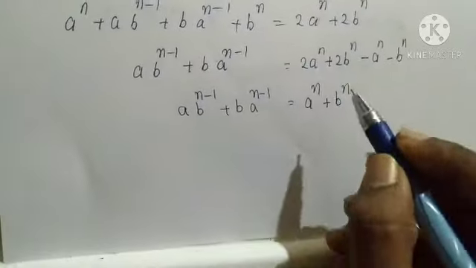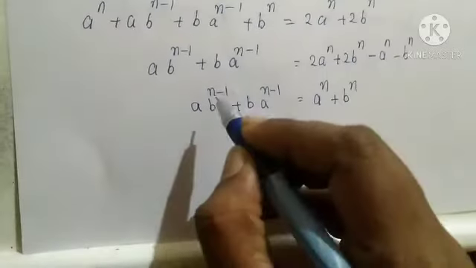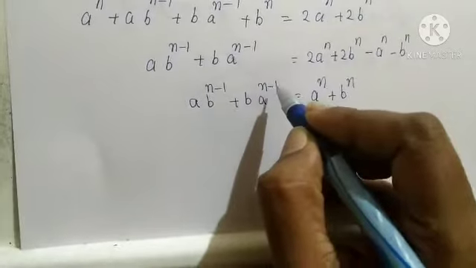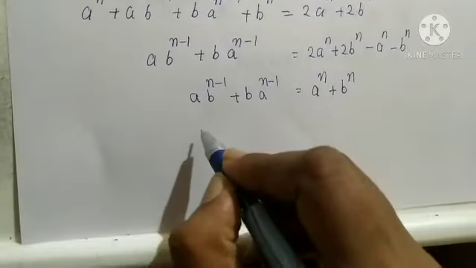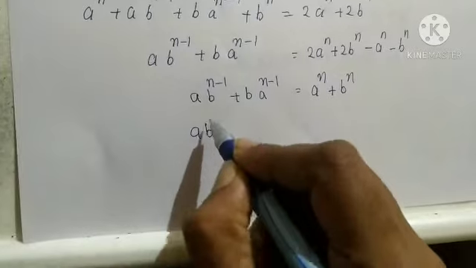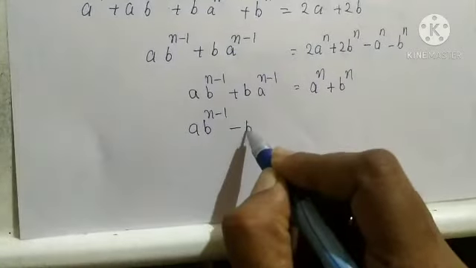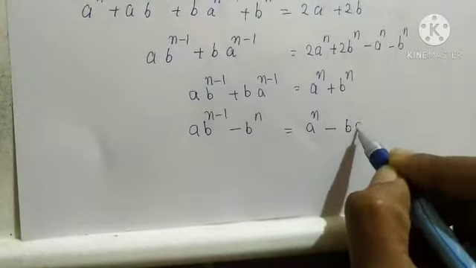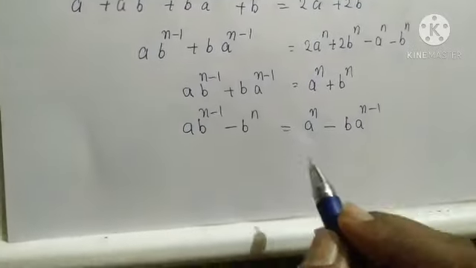Next I am going to take this b raised to n to LHS and b into a raised to n minus 1 to RHS. So this will become a b raised to n minus 1 minus b raised to n equal to a raised to n minus b a raised to n minus 1.